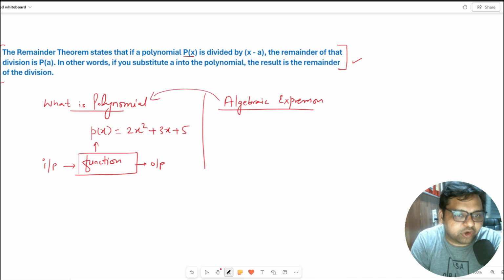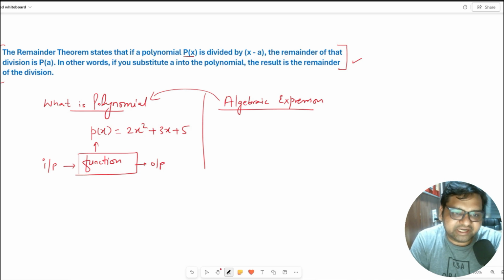There is a condition in the polynomial. Every polynomial is an algebraic expression, but not all algebraic expressions are polynomials. Okay, so this is how we can differentiate, and let us go into further detail.